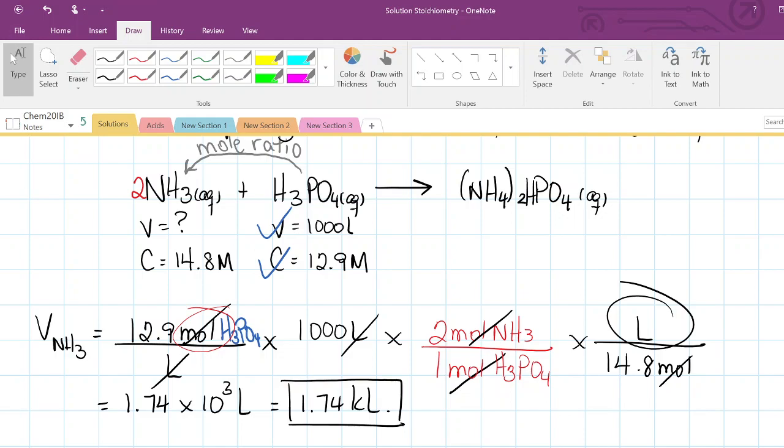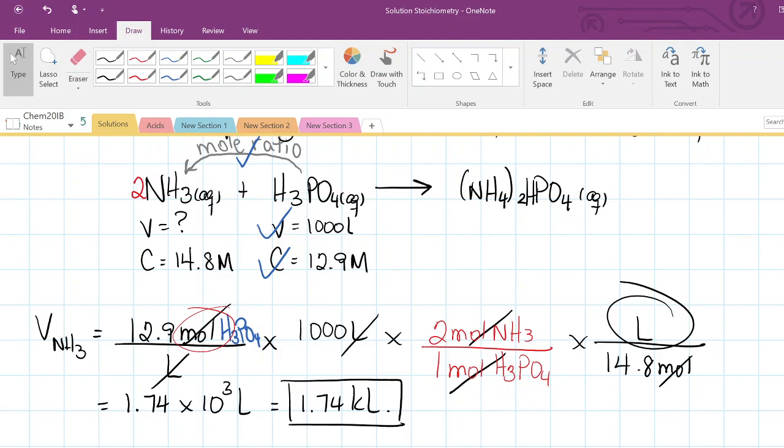So now I've used all of my information here on the known side, which means now I can jump to the unknown side using my mole ratio. So I'm going to cross that, check it off so that I know I've done it. My mole ratio is 2 moles of ammonia for every 1 mole of phosphoric acid.